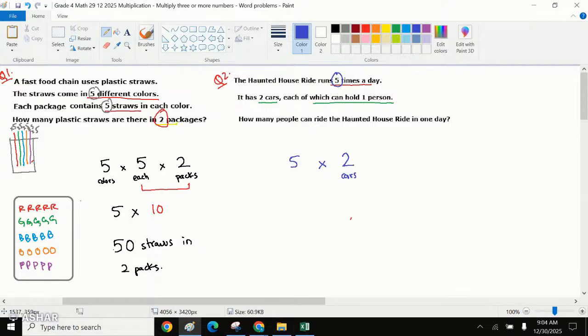The 2 cars, which hold 1 person capacity of each car, right? So the answer should be 5 multiplied by 2 is 10 times 1. That means 10 people.